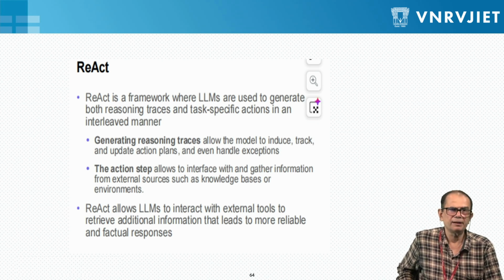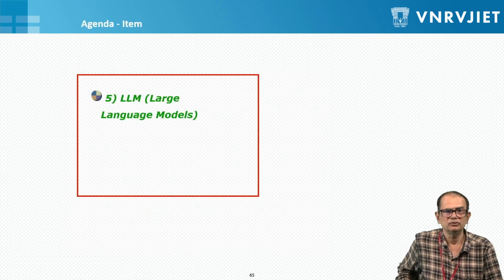Here, what is happening when I take React? Okay, so I'm doing some reasoning, and ACT stands for the action that I'm doing in a prompt. Okay, so these are some of the prompting techniques.